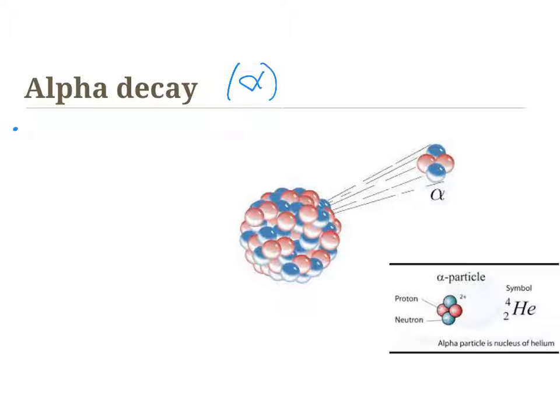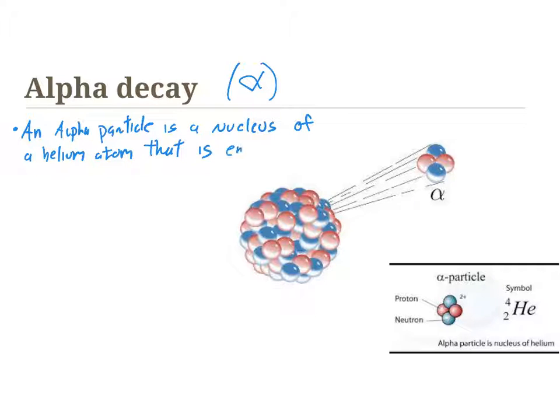Okay, alpha decay is really defined as an alpha particle is a nucleus of a helium atom that is emitted, or given off, from the nucleus of an unstable atom.